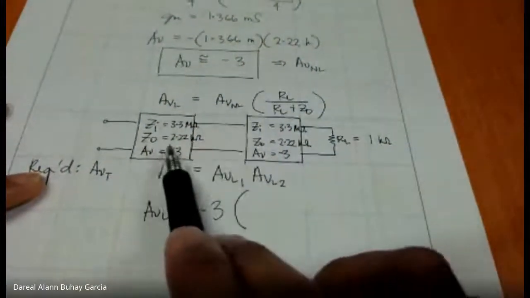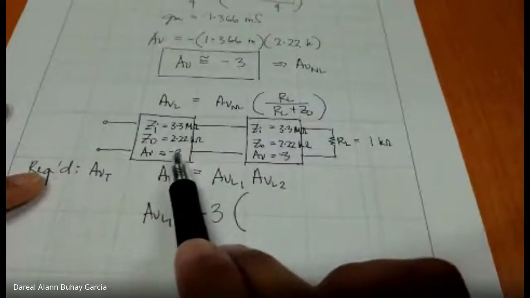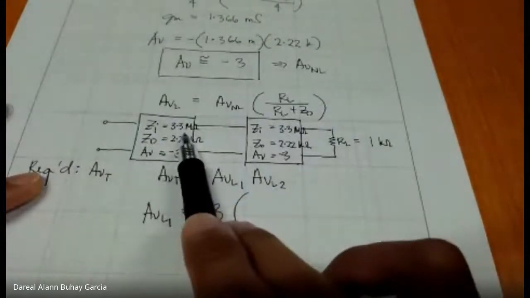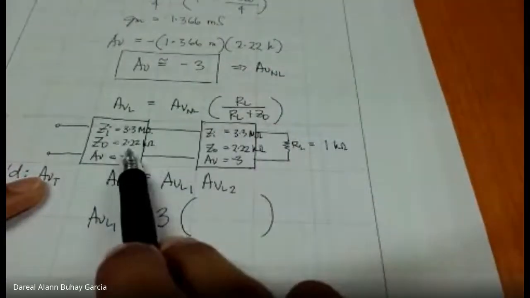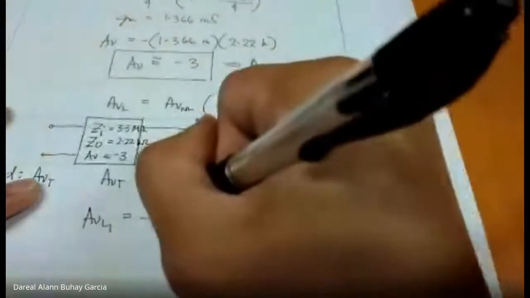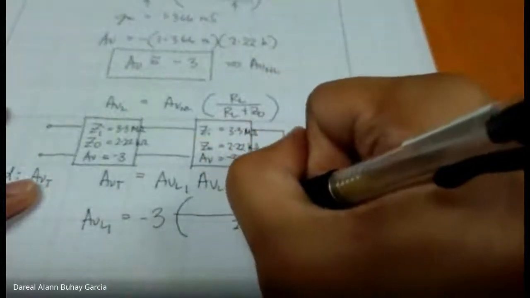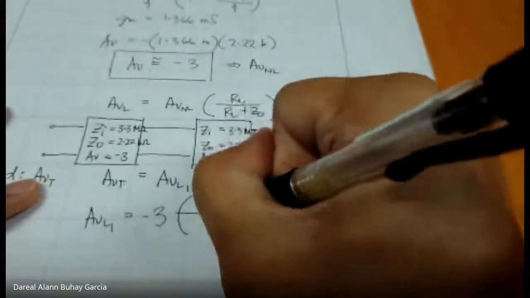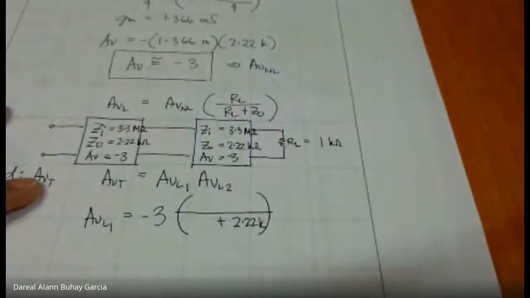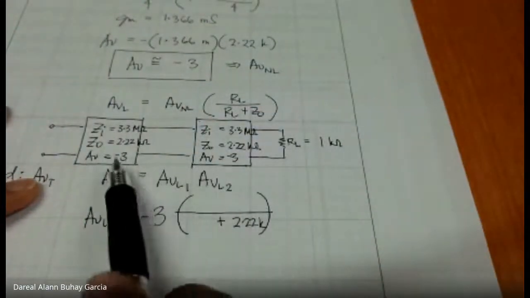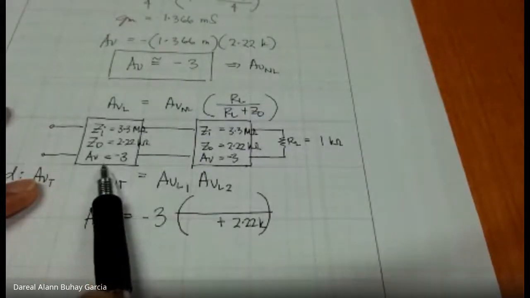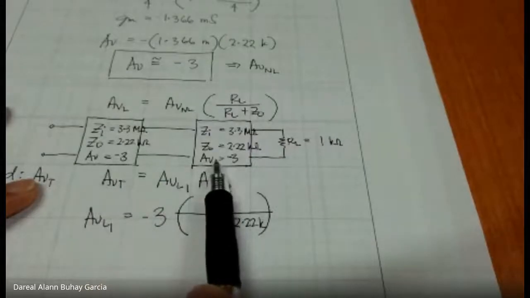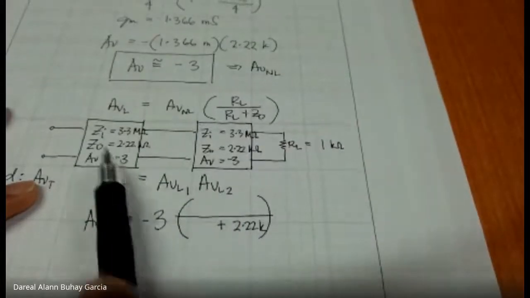RL. What is RL from the perspective of amplifier 1? Ang load ni amplifier 1 is amplifier 2.